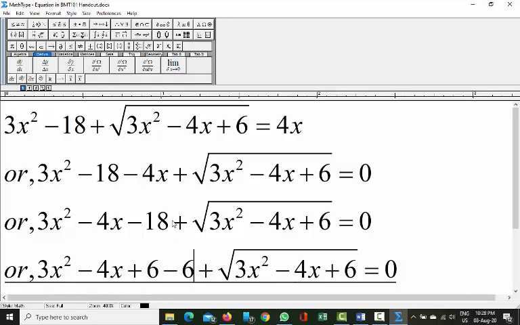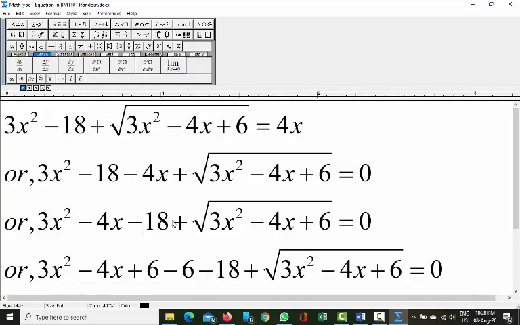And then we had a minus 18 before. Here we had minus 18; we didn't have any plus 6 there. But to match it with this one, we added a plus 6 with these two terms. So 3x square minus 4x plus 6 to match it with this one.